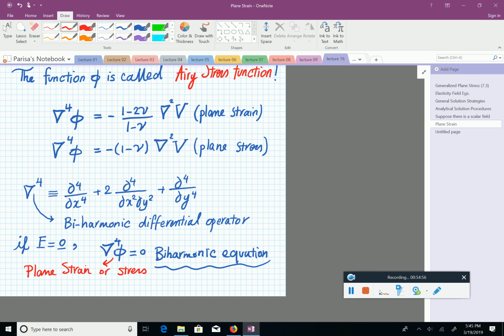Would the stresses be the same? It will be different. If you solve this equation and it's the same for plane stress and strain, if you get phi, what can you get from phi? The stresses. So they should be the same pretty much, right? But then what would be different?